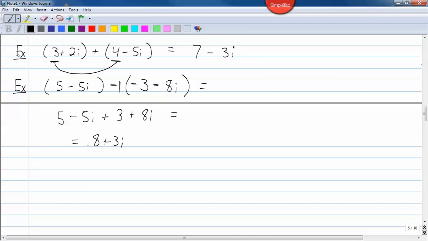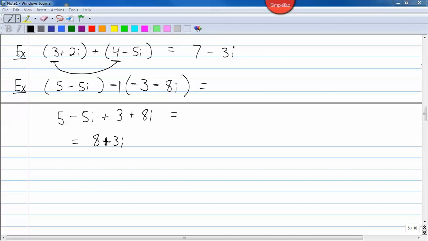So my complex number is 8 plus 3i. So it's just like adding and subtracting that we've done when solving linear equations. As far as adding and subtracting goes, there's nothing different.